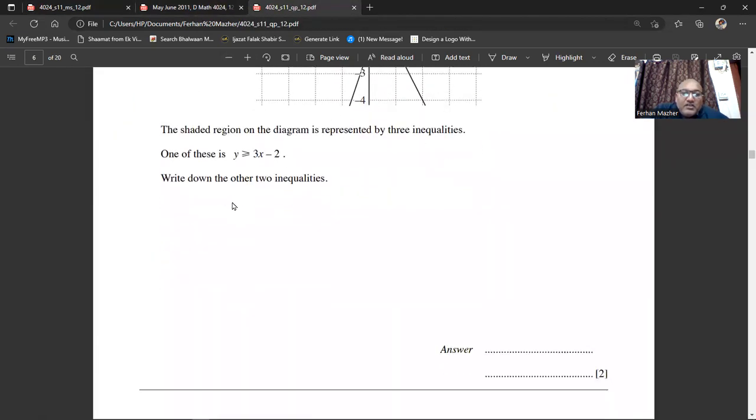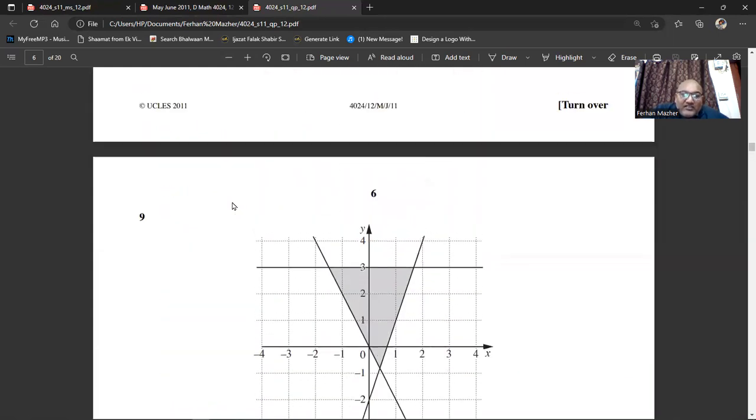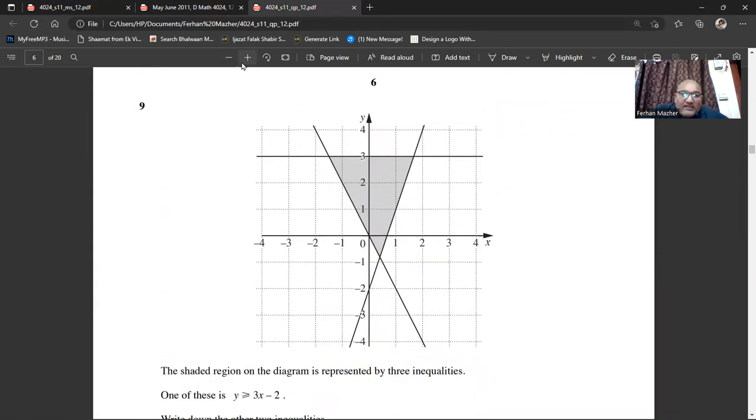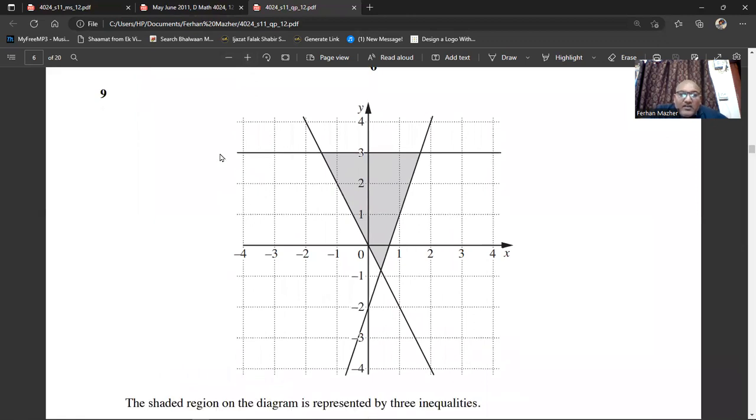Now, the question is to write the other 2 inequalities. One line is y equals 3, and because the area is below this, y is less than or equal to 3.